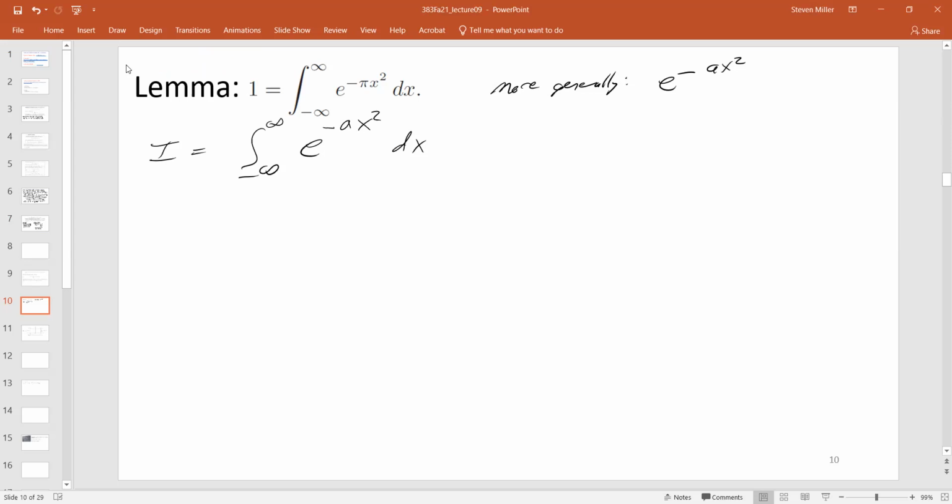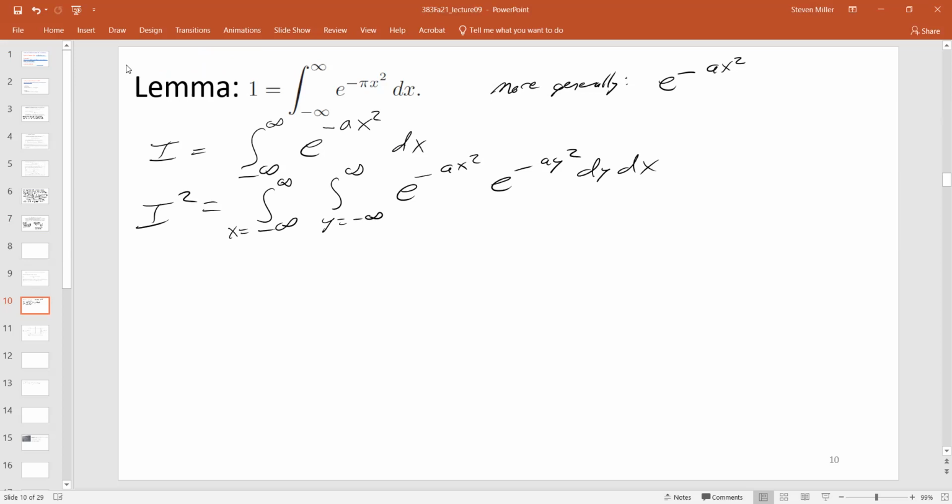All right, so the first thing we do is we look at I squared, which is the integral x goes from -infinity to infinity, integral y goes from -infinity to infinity, e to the negative a x squared, e to the negative a y squared, dy dx. And I'm just multiplying my integral by itself.